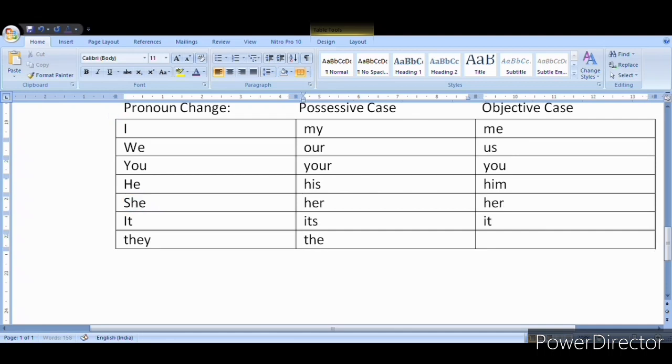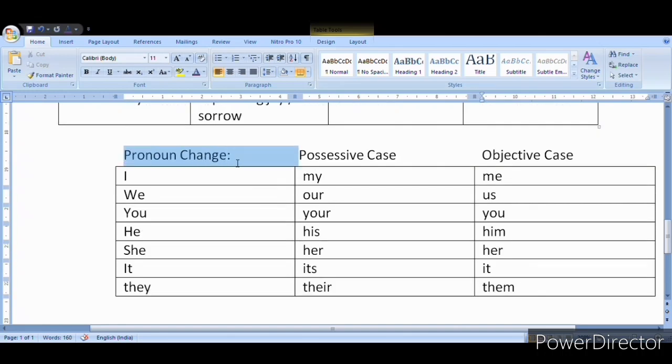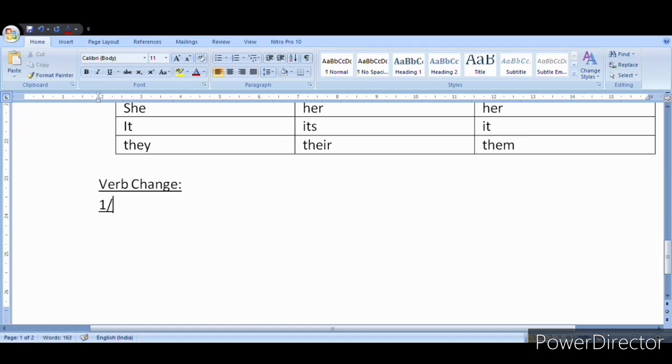That is, their children, its tail. Then for objective case, I is changed to me. We should be changed to us. You should be the same. He should be him. She, her. It should be the same. They, them.